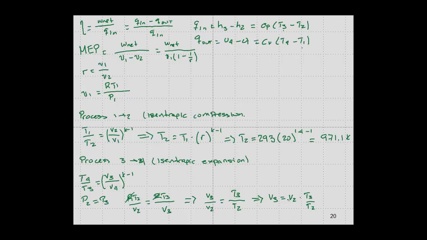Recall that V2 and V1 are related by the compression ratio, so V2 is equal to V1 over R. We can substitute that here, and that will be V1 over R times T3 over T2. And now we have V3.